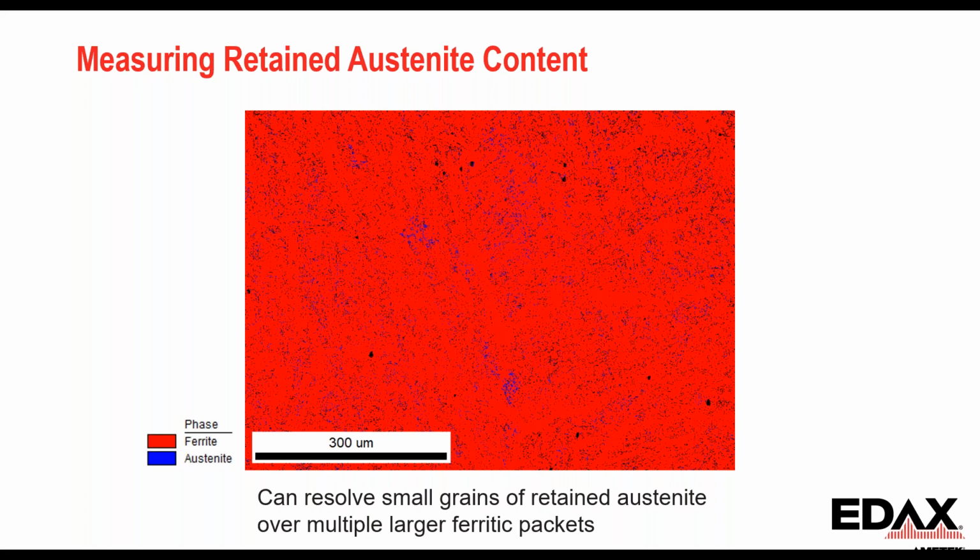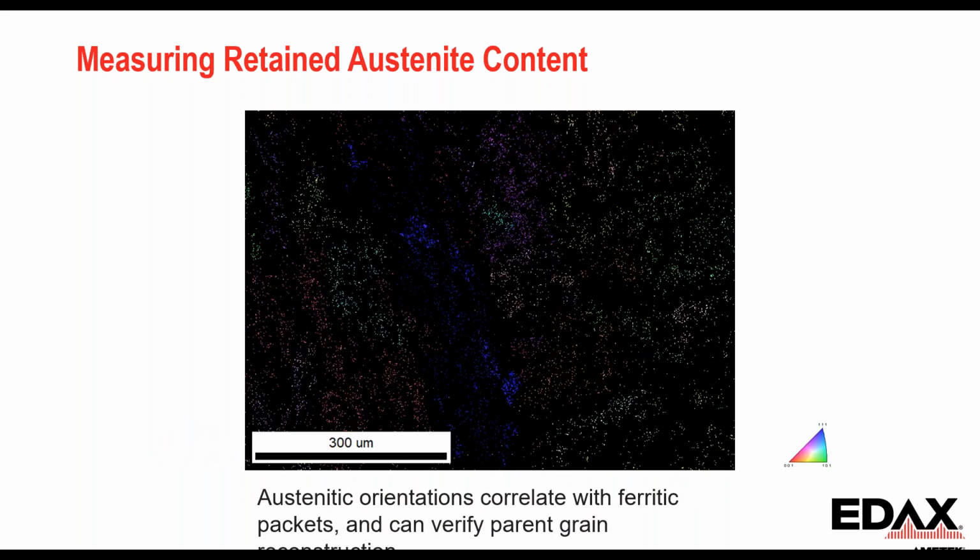And what's interesting about this to me is that we're able to also just look at the orientations of these austenitic grains, and you can see how they form these different little colonies within the ferritic packets. We can see that there are going to be orientation relationships within one packet. There are specific austenitic orientations that are retained.